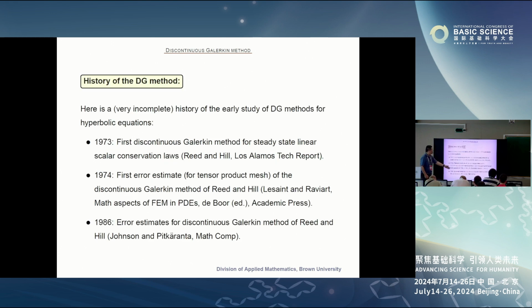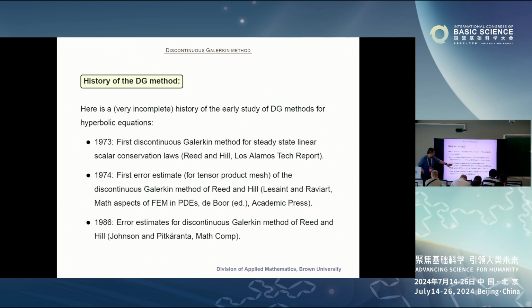But before that, the history of DG, very incomplete. I mentioned to you the 1970s, right? So all this business started in a Los Alamos technical report in 1973. That is the first DG method, for steady-state linear scalar conservation, the so-called neutron transport.